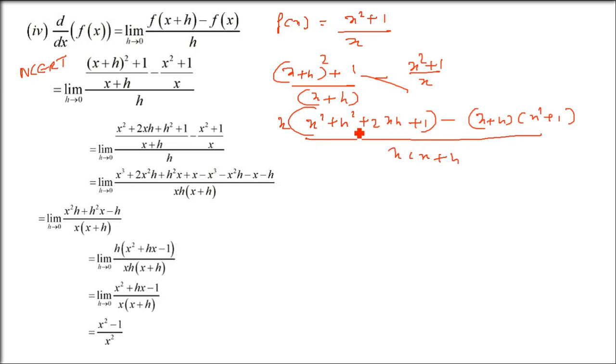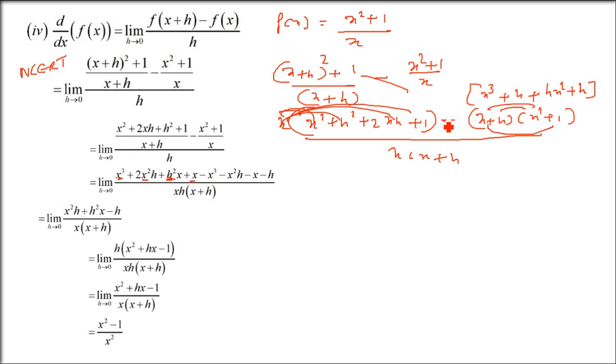In the denominator you have x and x plus h. So this you multiply: x cube, x h square, 2x square h and x. And here you have to multiply also: x cube and x into 1 is x, plus x minus hx square, and plus h.